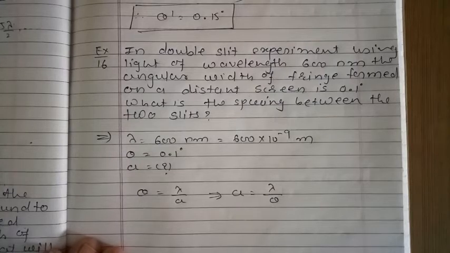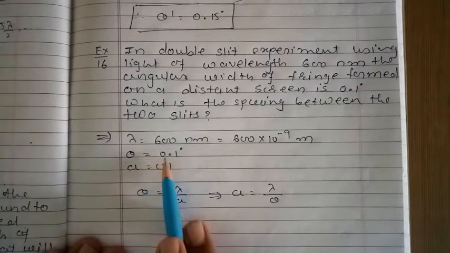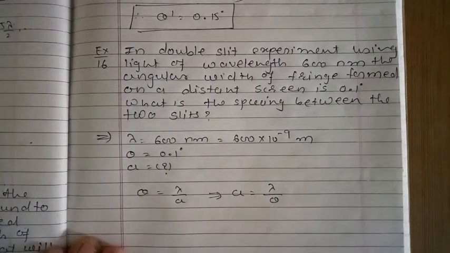So here lambda is in meter, but theta is equals to 0.1 degree, and the unit of angle is radian, right? So we have to convert 0.1 degree into radian. We already discussed the formula in standard 11. 1 degree is equals to pi by 180 radian, right?